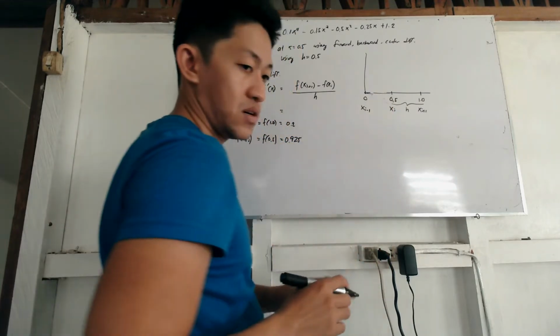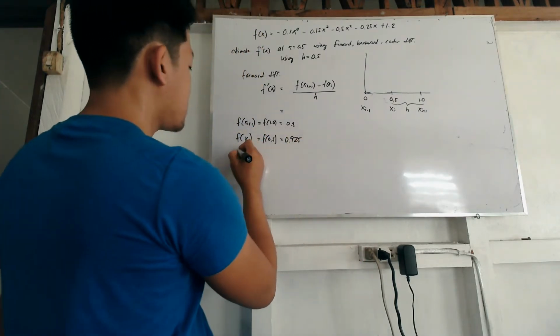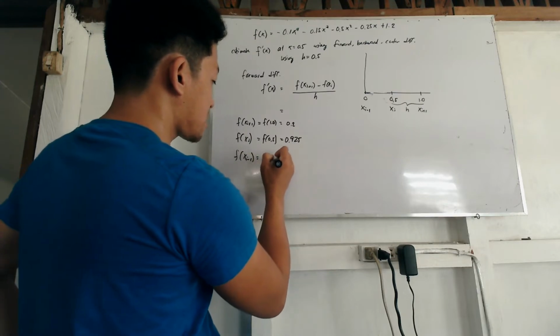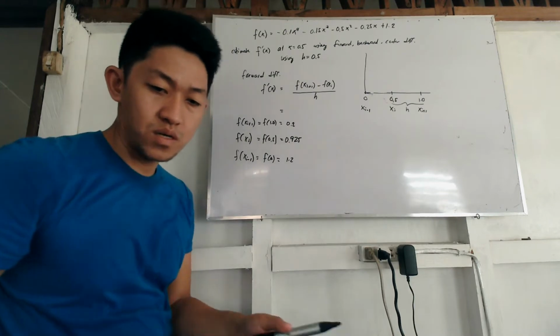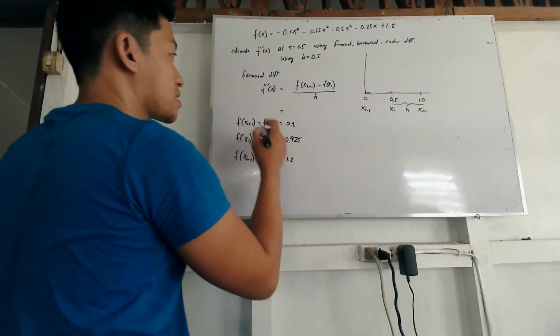Okay, 0.5 to the left. So f of x sub i minus 1 is f of 0, which is 1.2. So with that, we are now ready to get the forward difference.